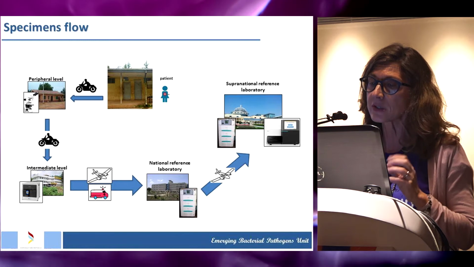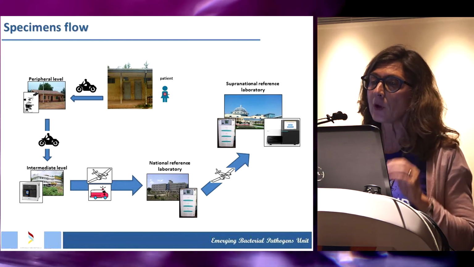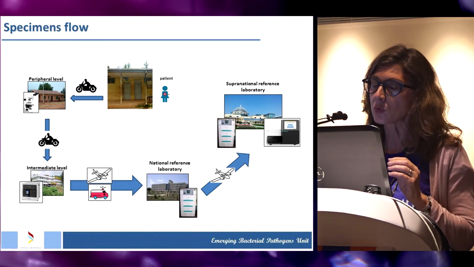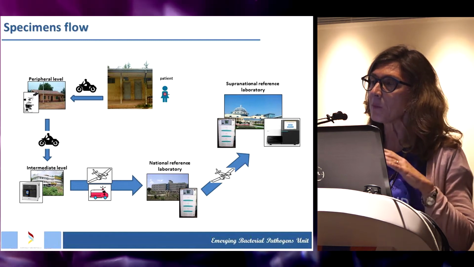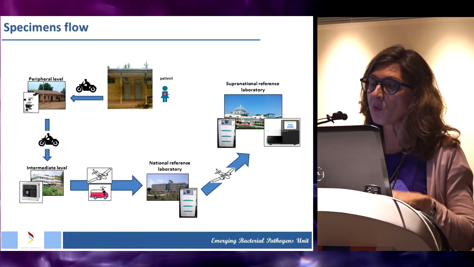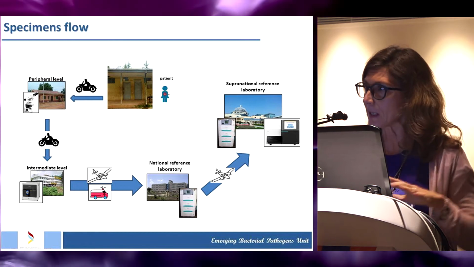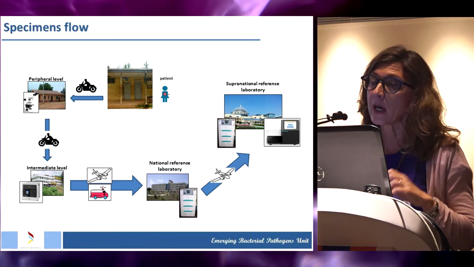So the first step is to be able to find a network that has a system in place that can move the samples efficiently around the network.